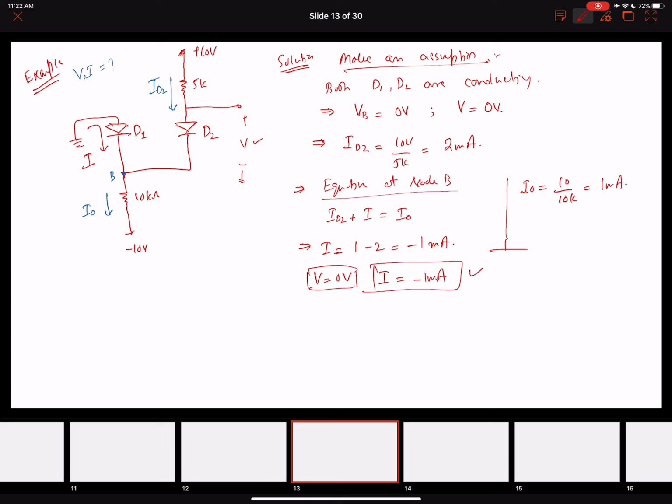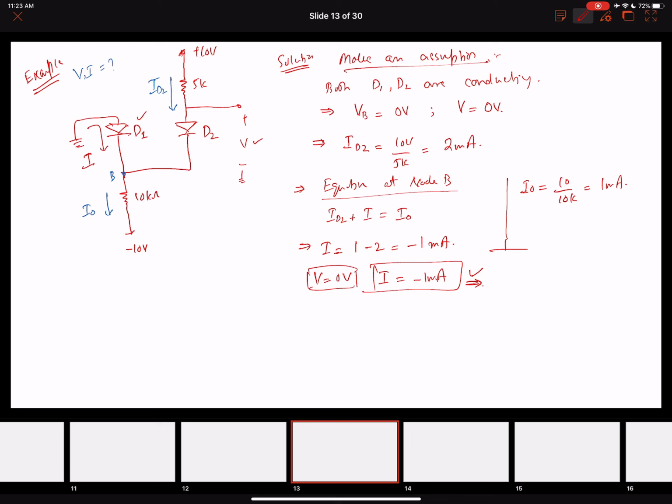Now let's look at this capital I. My assumption was that D1 is conducting, D1 is a short circuit, and a diode only conducts in one direction. The current through the diode will never flow in the opposite direction, assuming an ideal diode. Later we are also going to discuss the reverse current.